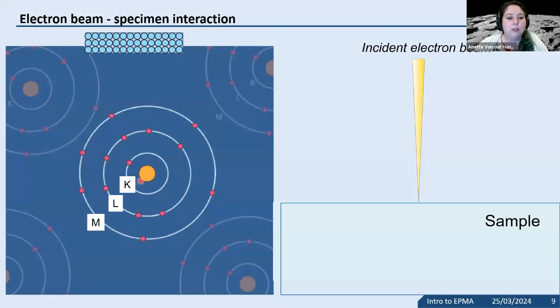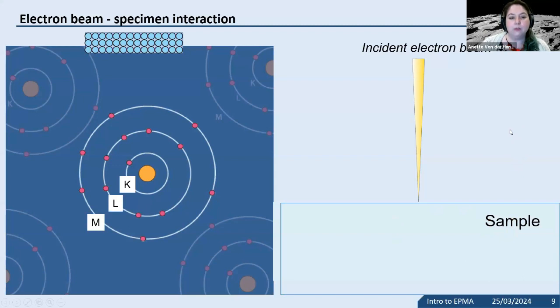These atoms have a nucleus and electron shells, and usually we distinguish between different electron shells and label them with K, L, M. So we have a K shell, an L shell, an M shell that have, depending on the element, different numbers of electrons. And then here on the right-hand side, this is supposed to be depicting our incident electron beam. So we have electrons bombarding our solid material, the sample.